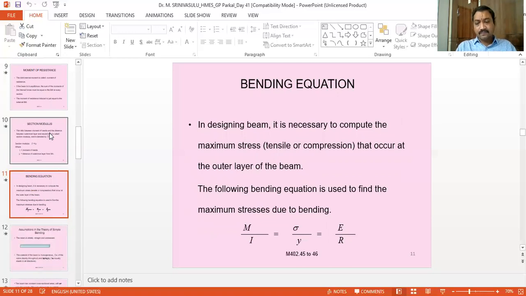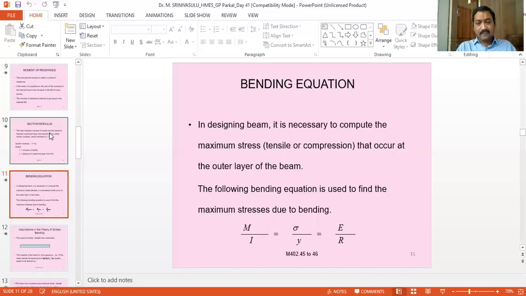Next, coming to the bending equation. In the theory of simple bending, we must know the bending equation. This equation carries 6 terms: M, I, sigma, y, E, R. These 6 terms are very important, and there is a relation between all of them, which gives the bending equation.